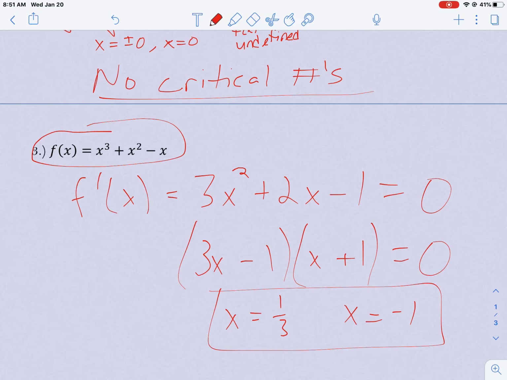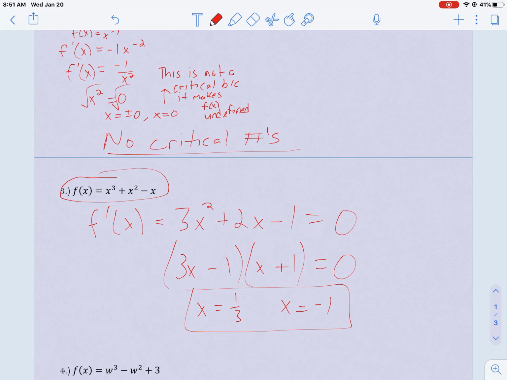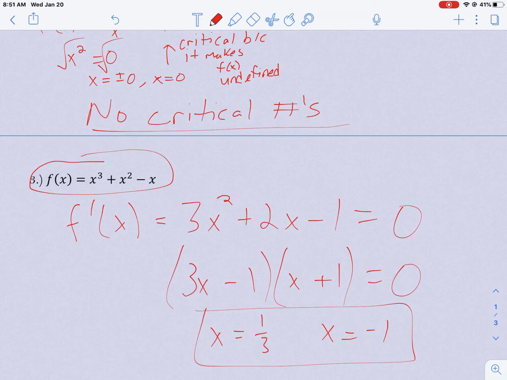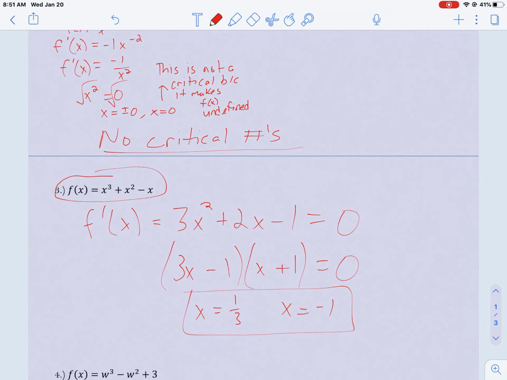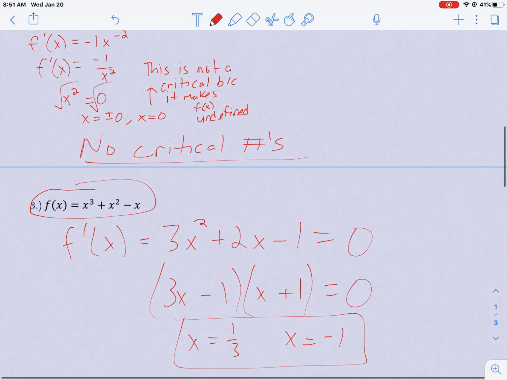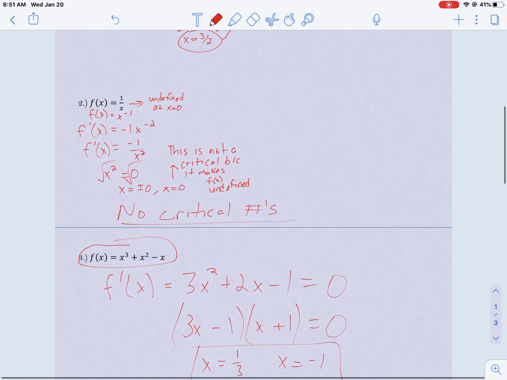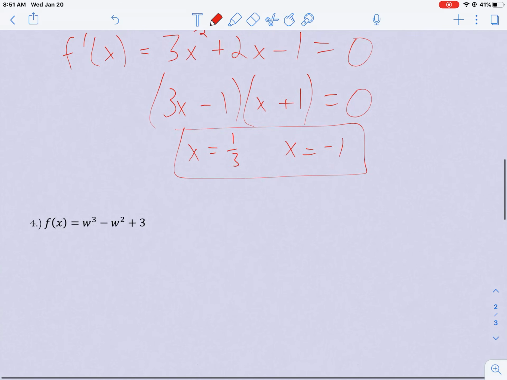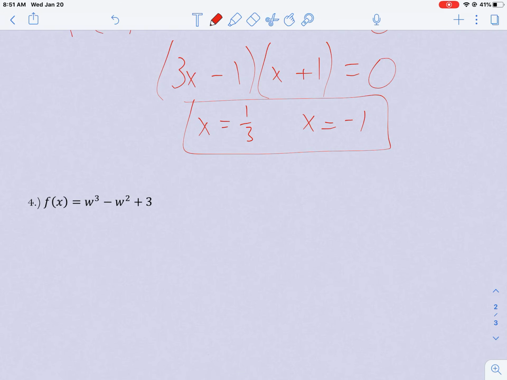So x equals 1/3 and x equals negative 1 are our critical numbers. If you start off with a polynomial, you're pretty much good. But with original functions f of x that have fractions, be on the lookout.